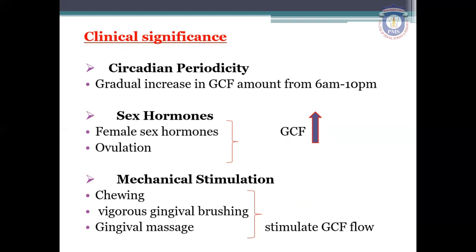And also the presence of sex hormones, and during ovulation also the GCF flow will increase. Then mechanical stimulation of the gingiva, as during chewing, vigorous gingival brushing, or during gingival massage, the GCF flow will increase.